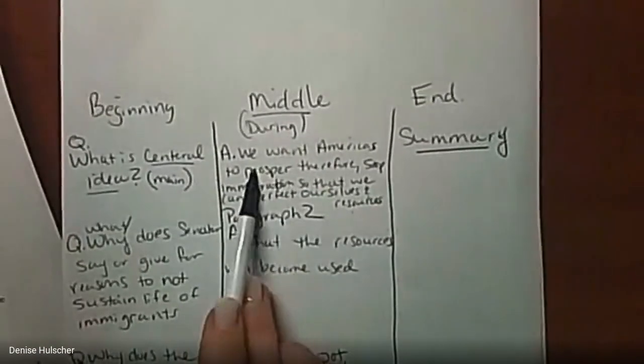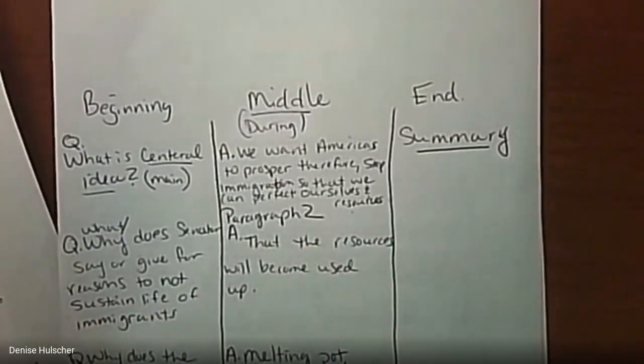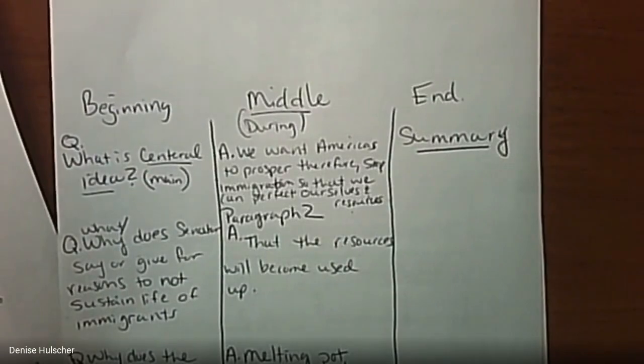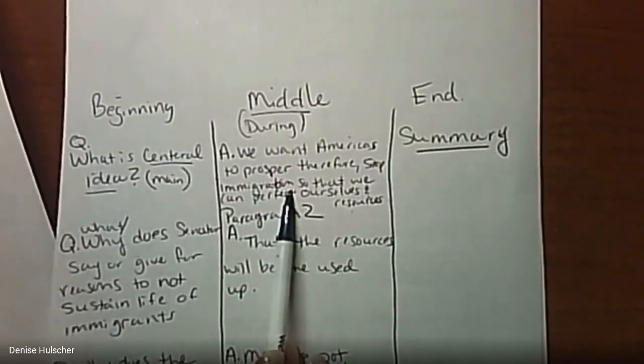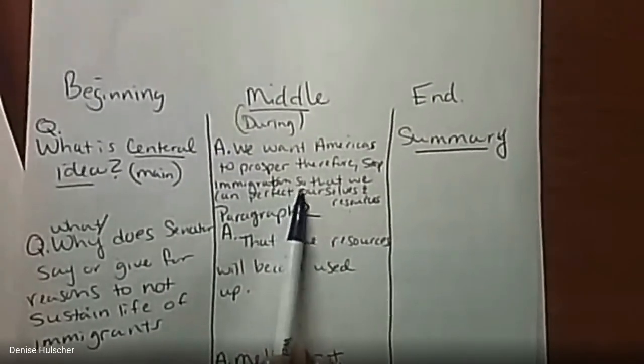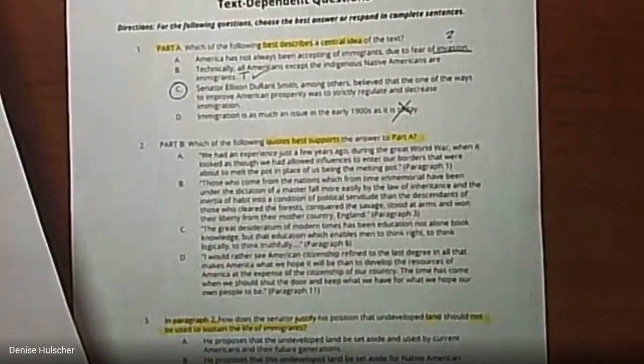So when I look at these, I didn't really like invasion. I didn't like this one, but this one does match with what I was saying in my chart. Remember, when you do a chart like this, you're not going to lie to yourself. So when you come up with an answer before looking at the answer choices, we know that we actually have a really good answer right here. It might not be the exact wording, so that's why we still need to be a thinker. So for number one, it's C, and you'll see how I went through them.